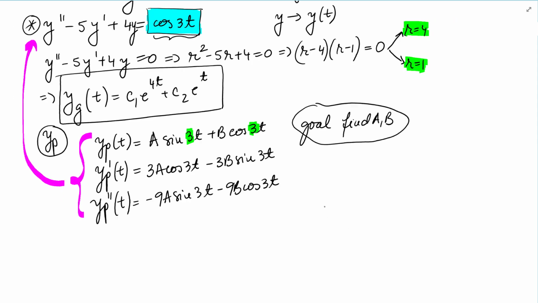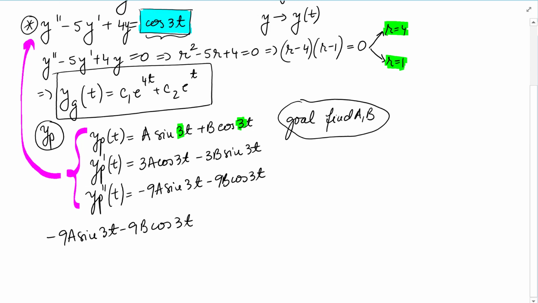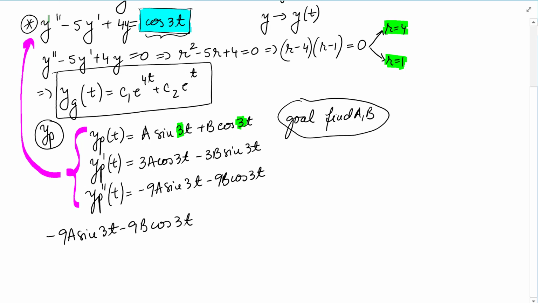So y double prime, we're going to write minus 9A sine of 3t minus 9B cosine of 3t. So this was y double prime. We just replaced this part. Now we have minus 5y prime, so minus 5 times 3A cosine of 3t minus 3B sine of 3t.